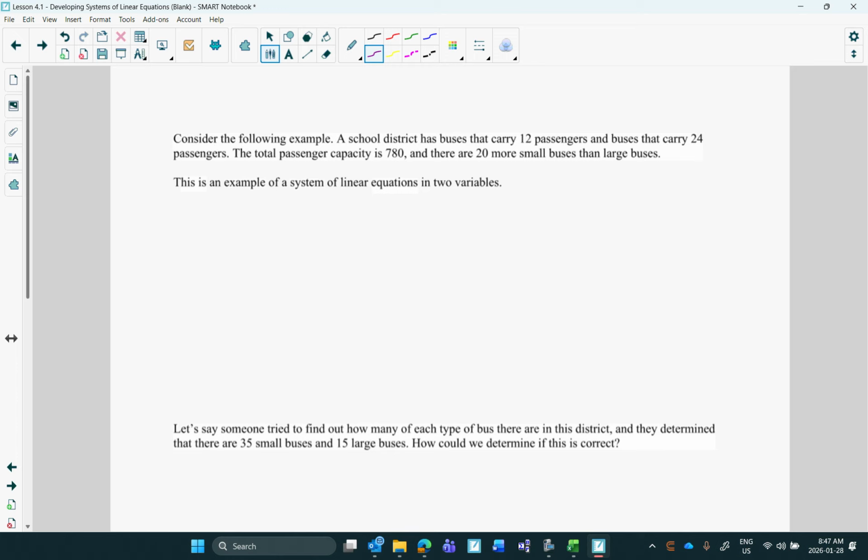Well, how many unknowns do we have here? 2. We don't know how many small buses there are. We don't know how many large buses there are. So, if these are the unknowns, let's call them X and Y. We don't know what they are.